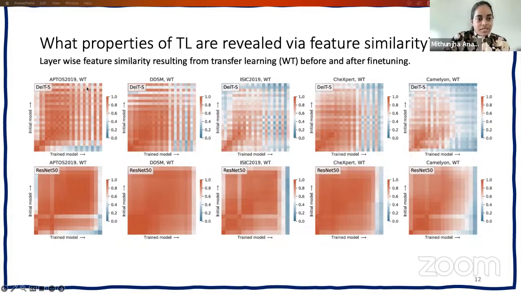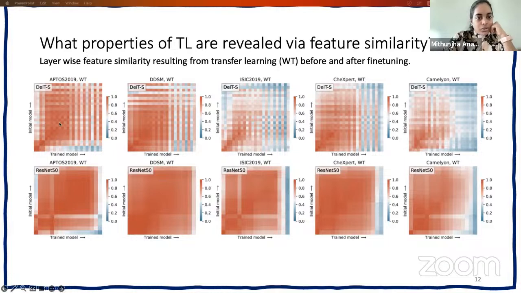Each plot indicates the layer wise feature similarity resulting from transfer learning, before and after fine tuning. So this axis is before fine tuning, this axis is after fine tuning. In this diagonal, if it is red, that means in those layers the feature similarity is at optimum, which means the feature reuse is at optimum.